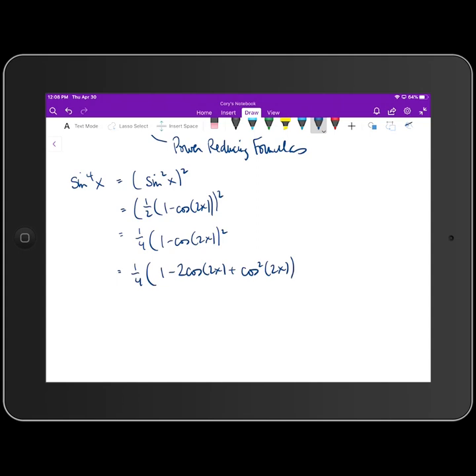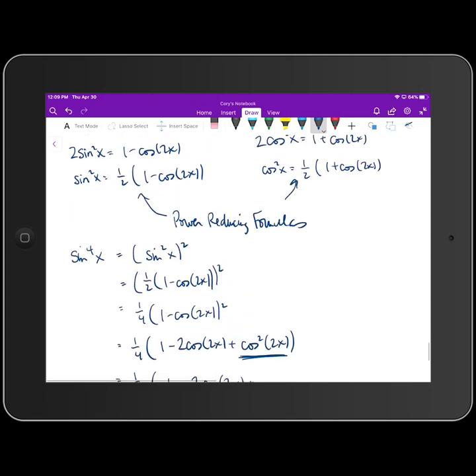It's a more simplified expression, but we can take this cosine squared and use the power reducing formula to rewrite it. So this is going to become 1/4 times 1 minus 2 times the cosine of 2x plus cosine squared of 2x.